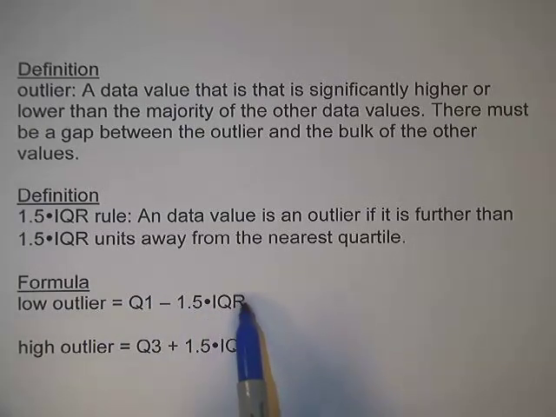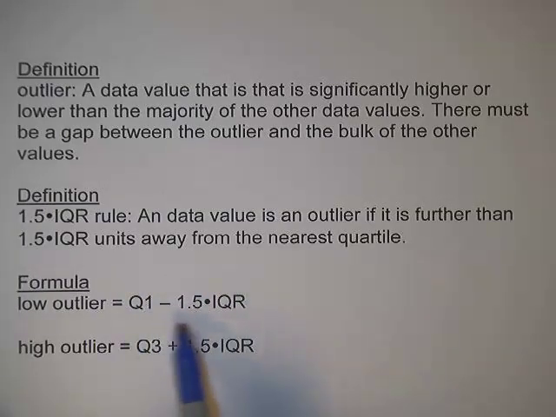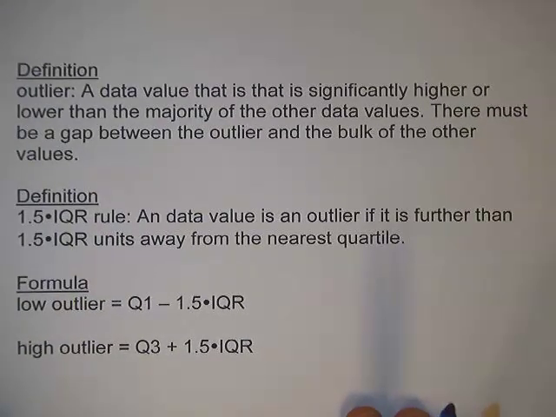This gives us the fence that separates a low outlier from just a regular value. Now, something is a high outlier if it's greater than Q3 plus 1.5 times the IQR. So these are the cutoff points for outliers.